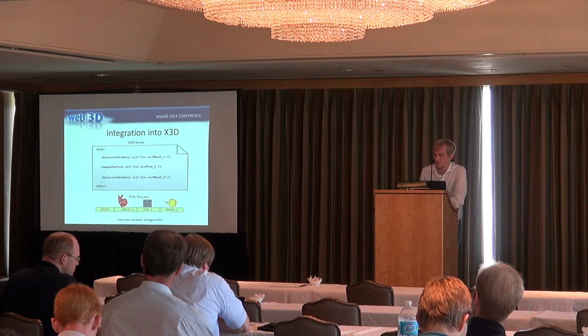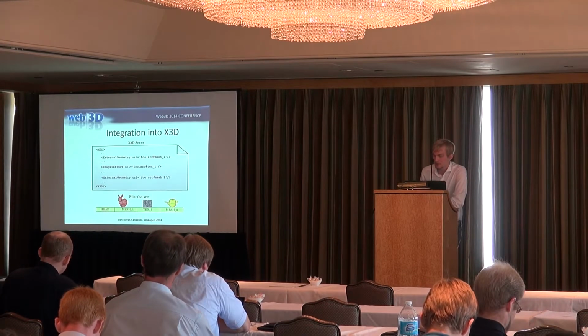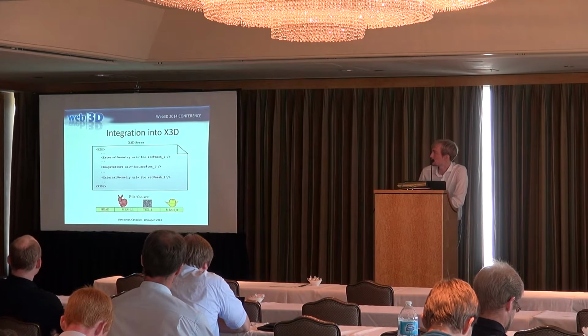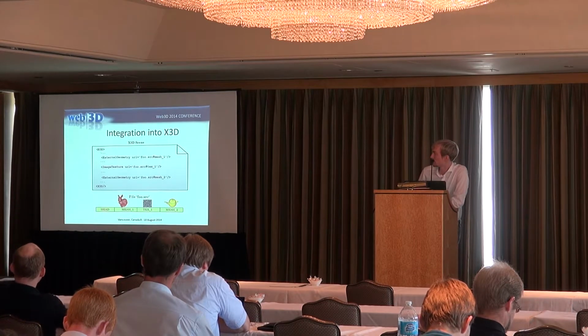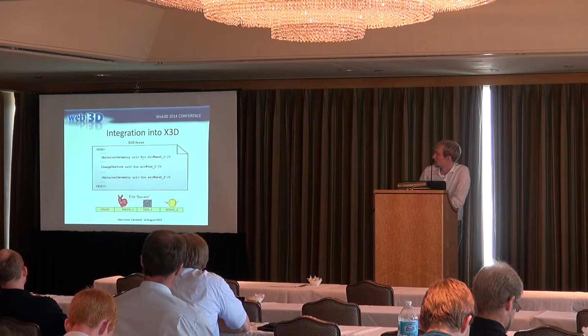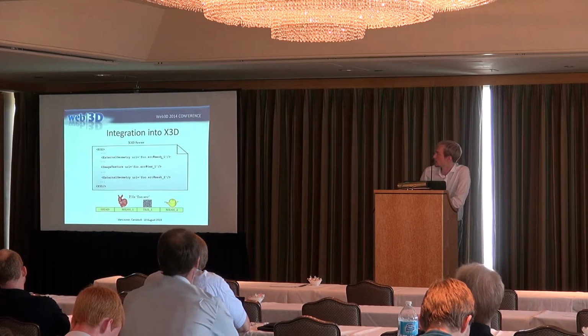And you simply refer to those by having the URL for your external geometry nodes here and here, and then a hash separator, which is very similar to HTML, and then the name of the mesh.